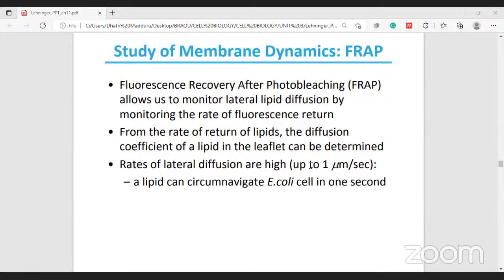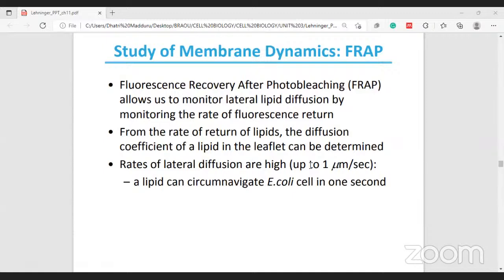If a lipid is tagged with a fluorescent protein, when it moves away, the fluorescence will be lost in that place and recovered in another. It is like a signal torch. In the same way, based on the fluorescence, we can determine how it is moving.